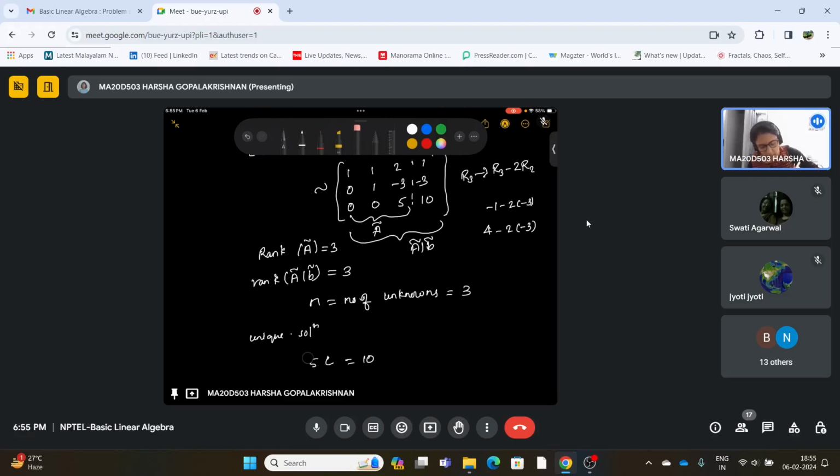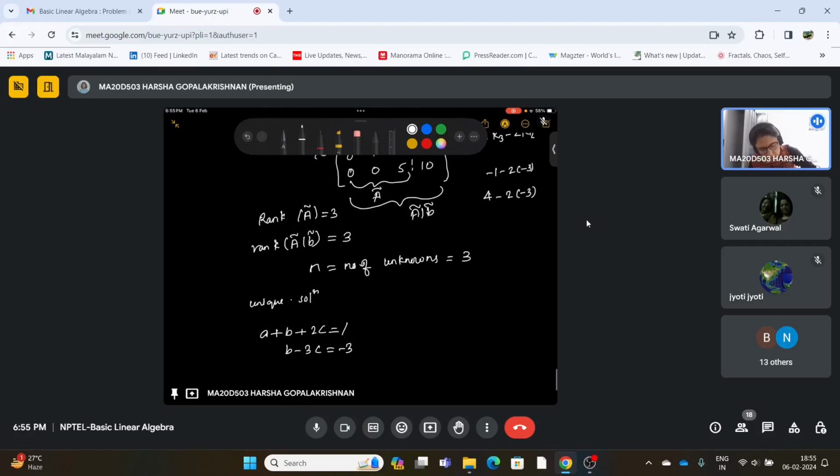Okay, let me write it as 3 equations. A plus B plus 2C equals 1, corresponding to the first row 1 1 2 1. Corresponding to the second row we get B minus 3C equals minus 3, and the third row is 5C equals 10, from which we get C equals 2.